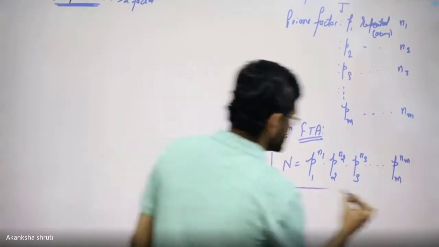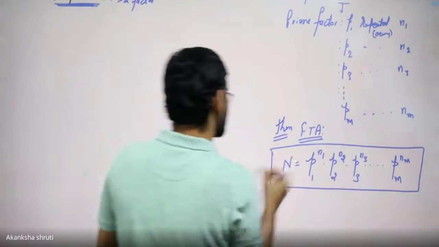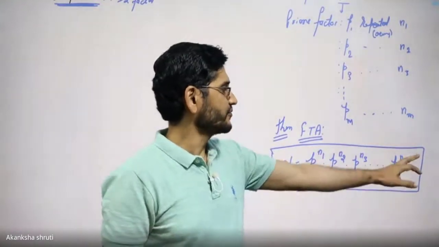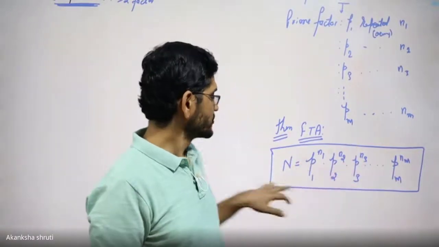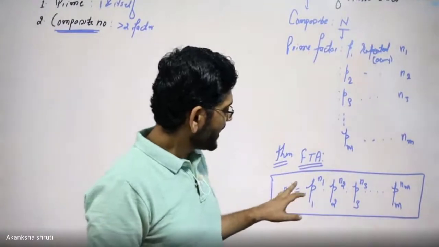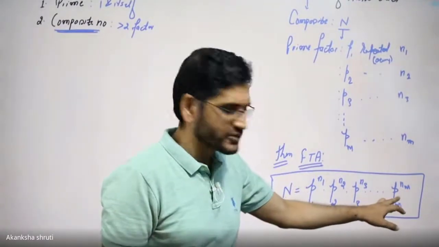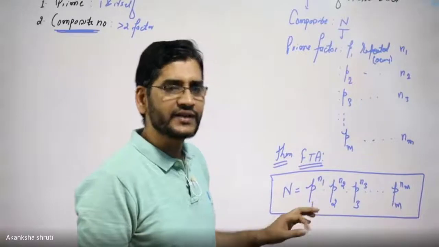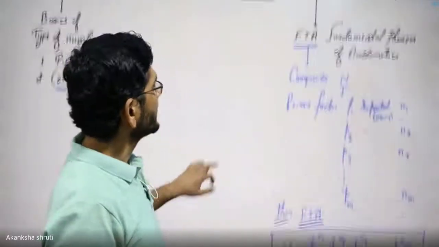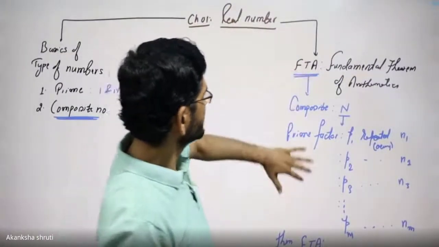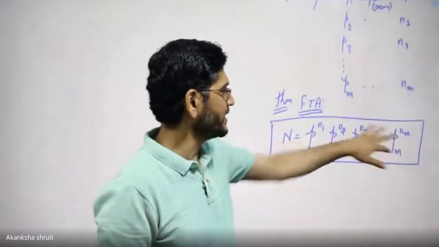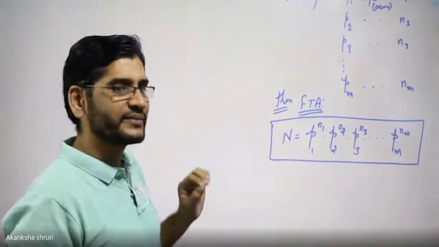This is how any composite number can be written as the product of its prime factors with their exponents. Expressing a composite number this way is called the fundamental theorem of arithmetic. Students, I'm not going to write the complete statement, but you have to keep in mind that this is the mathematical form of the fundamental theorem of arithmetic.